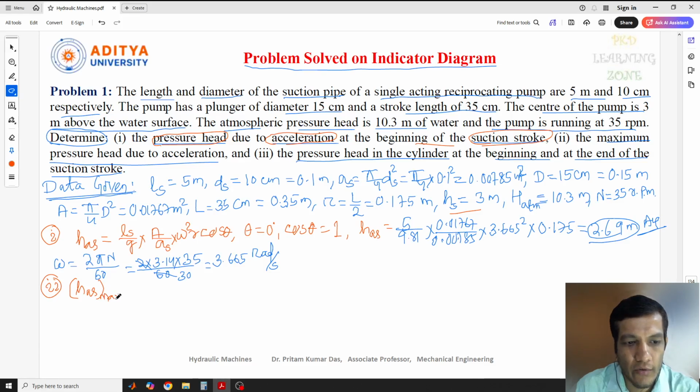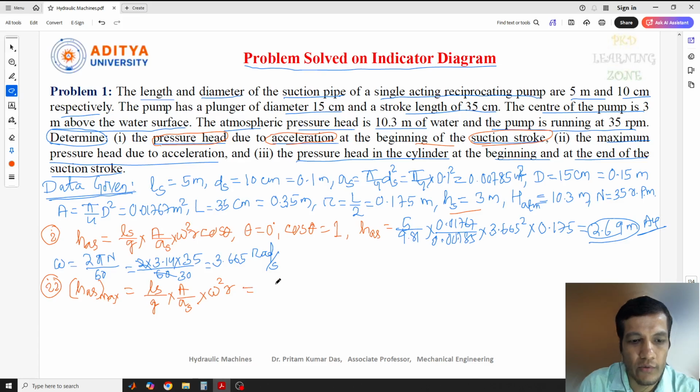The maximum pressure head due to acceleration is L by G, the same formula, only cos theta will not be there, area into omega square r. For this value also we'll get the same answer, 2.69. This is the answer for this.